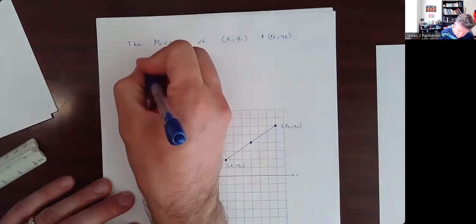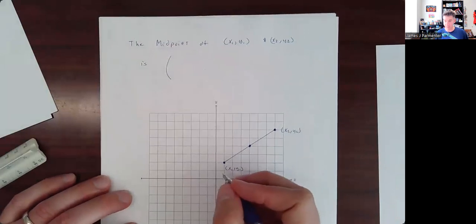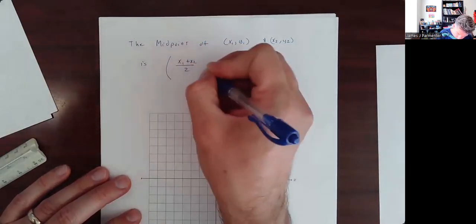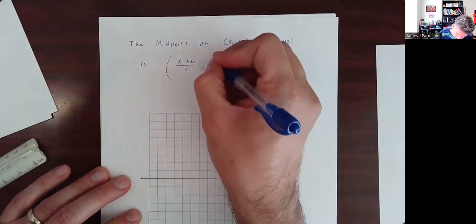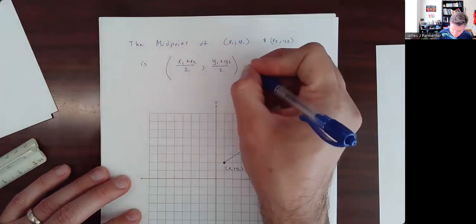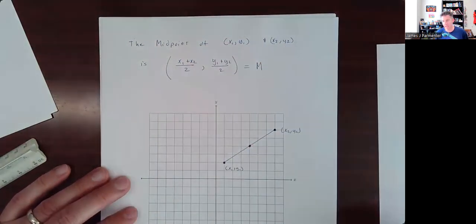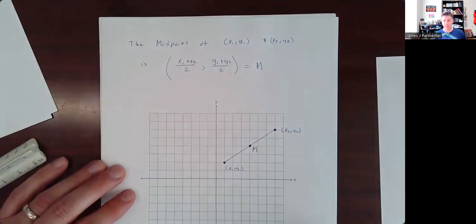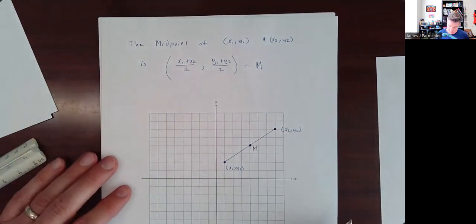It's exactly written as the average of the x's, x1 plus x2 divided by 2, and the average of the y's, y1 plus y2 divided by 2. Sometimes people label it as capital M. I don't usually do that, but I'm doing it here so you can see it's just the middle of the x's and the middle of the y's.